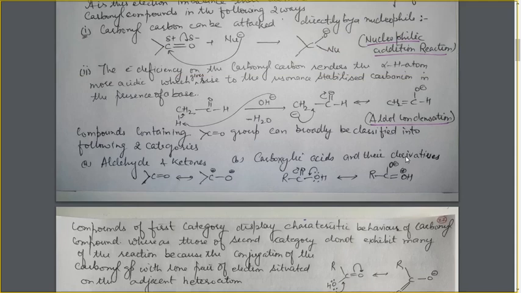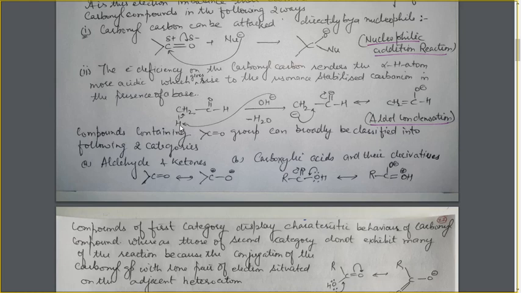Now the second. This C=O group is an electron withdrawing group. If we consider the neighboring atoms, that is CH2 on this side, CH3 group on this side, and the hydrogen atom on this side, due to the high electronegativity of the oxygen atom, this C=O group becomes an electron withdrawing group, and as a result it will withdraw electron density from the neighboring atoms.